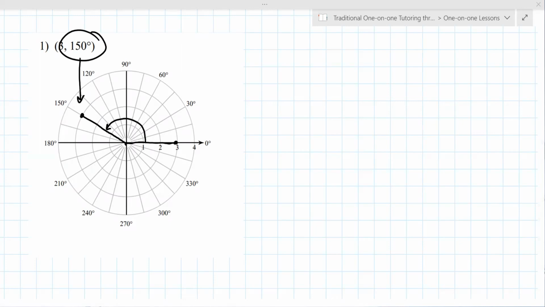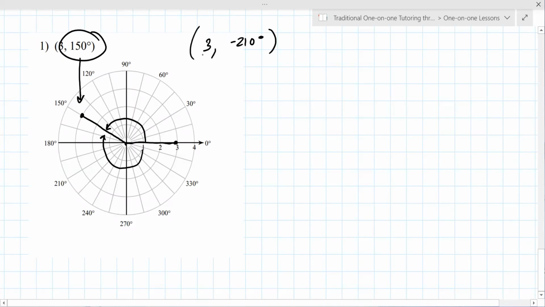Just like the negative degrees, you can go counterclockwise, right? So you can actually go 3, negative 210 degrees. But there's actually other options, because you can negate this length here, so it flips it. Sometimes it's easier to do the angle first, 330 degrees, and then negative 3, because it would be going down here, but then you flip it to go the other way.